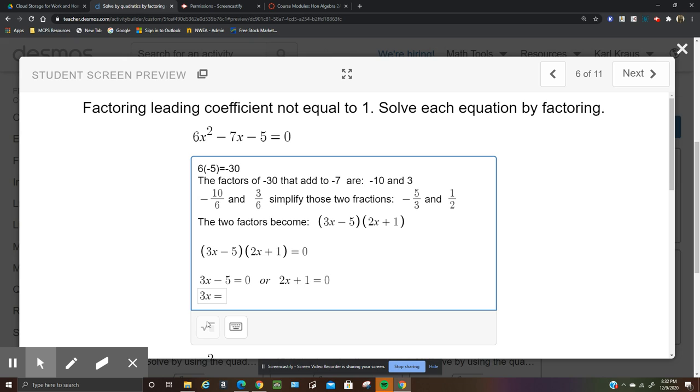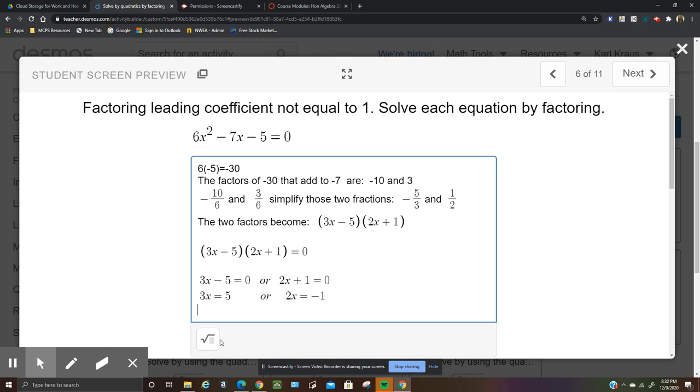When I add 5 to both sides, over here, when I subtract 1 from both sides, 2x equals negative 1. And then the last step, divide by 3 here on the left. So x is 5/3, or x equals negative 1/2.